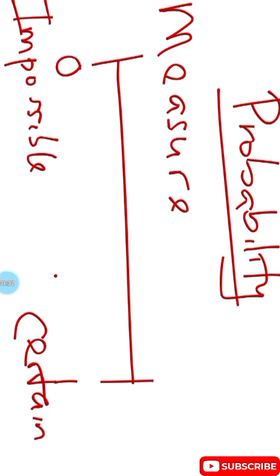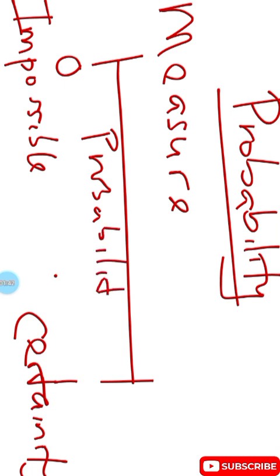In between this impossibility and certainty is what we call probability. You understand? So the moment we are not sure of either an event is impossible or an event is sure, then we are left with calculating for the probability of that event.